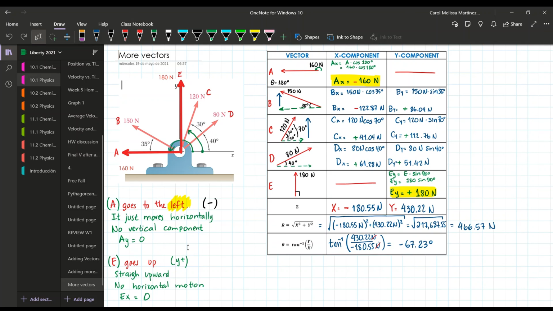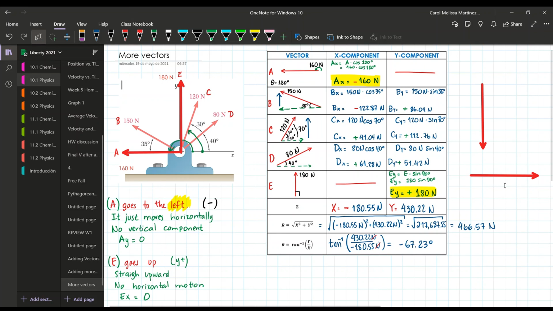Same happens if you have a vector that is going straight down, or a vector that is going straight to the right.